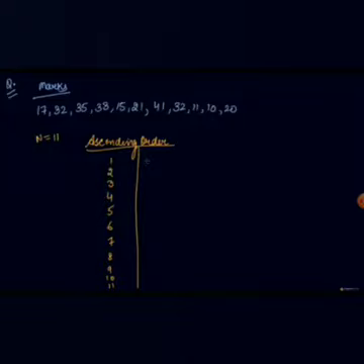The smallest number is 10, then 11, then 15, then 17, then 20, then 21, then 32, then again 32, 33, 35 and 41.